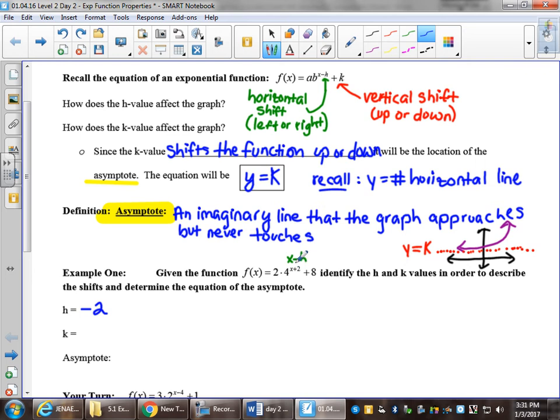So a negative 2 was plugged in to make that minus sign a positive. h being negative 2 means a shift left 2, because h is all about horizontal shift left or right. k is a positive 8. So k is 8. k is all about vertical shift. So this means a shift up 8.